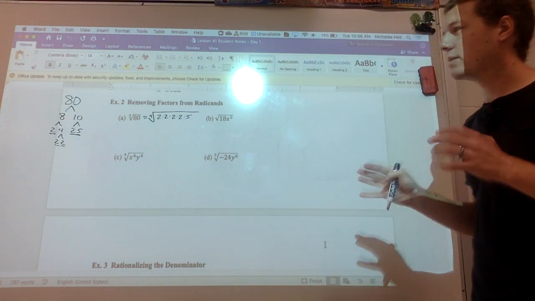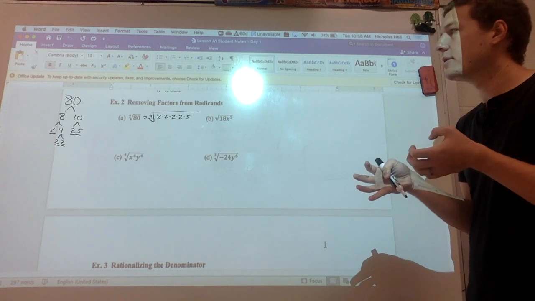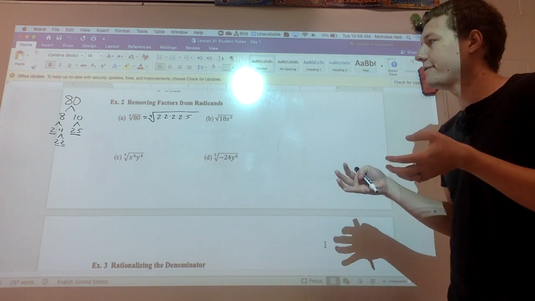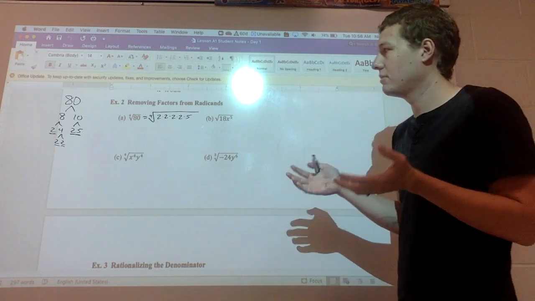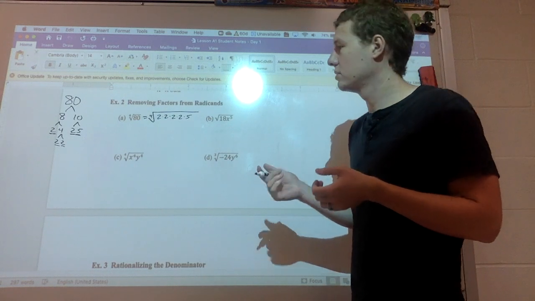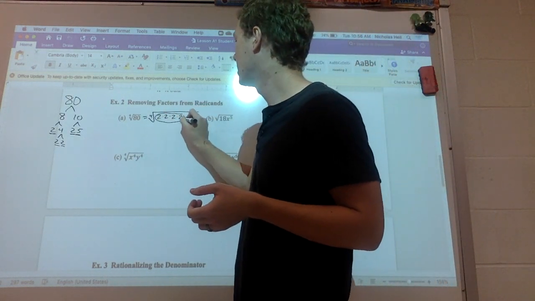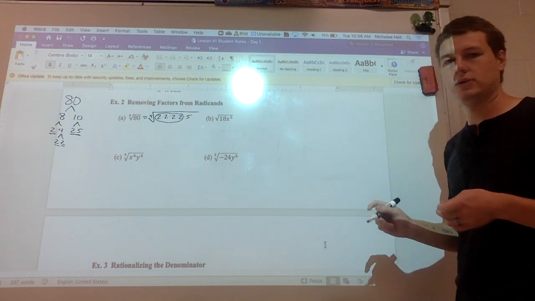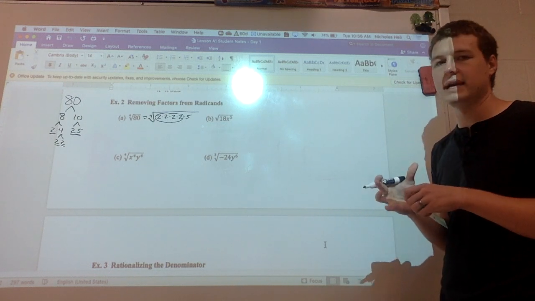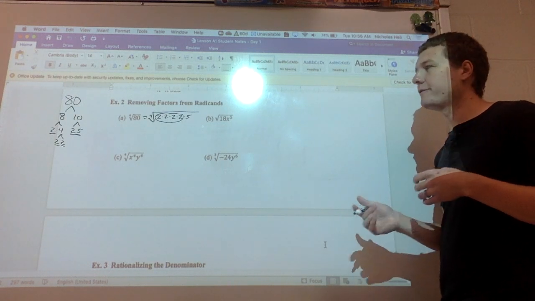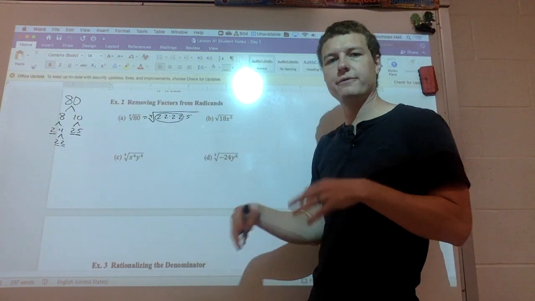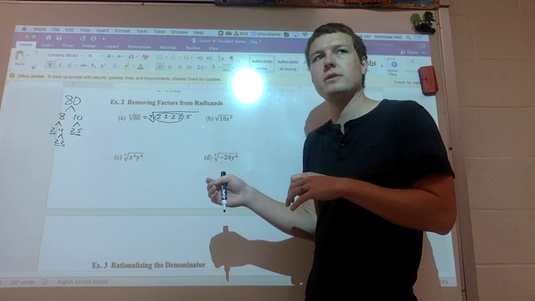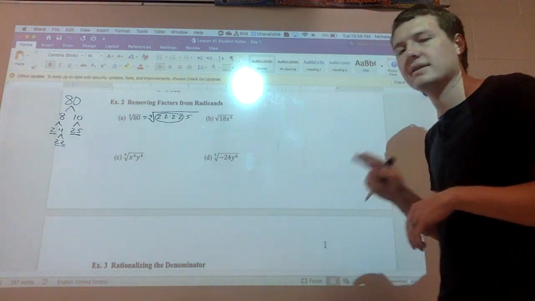So what I'm really trying to do in this is find a perfect fourth root. And for that, I need a group of 4. And right now I see 4 2's. So there is a group of 4 2's. Now, in order to actually simplify this, technically that would be like the fourth root of 16 if I multiplied all those out. And we did the fourth root of 16 before. That ends up being just 2.